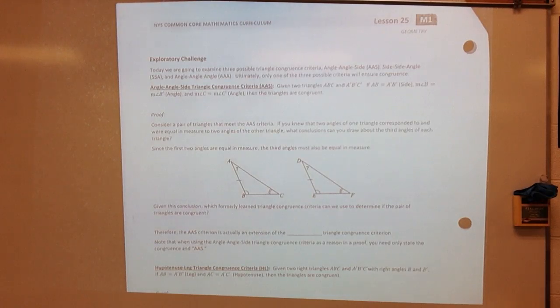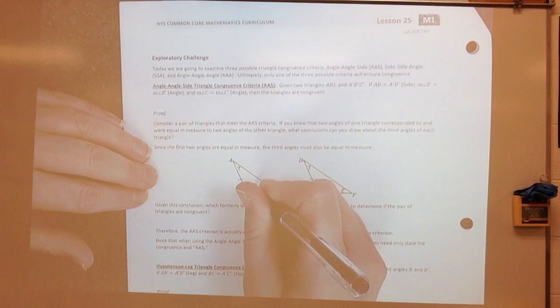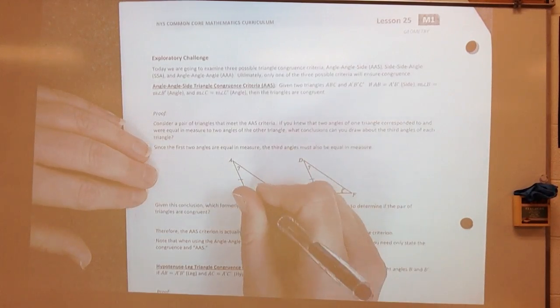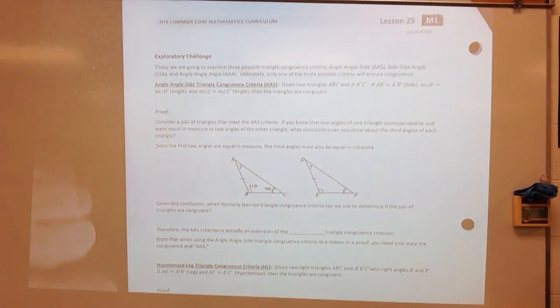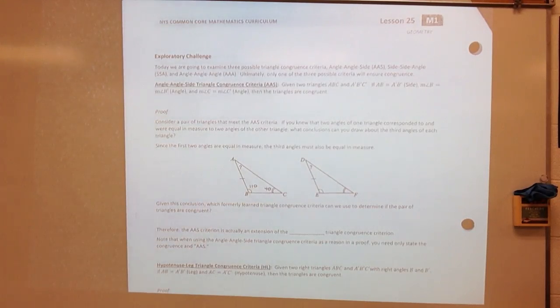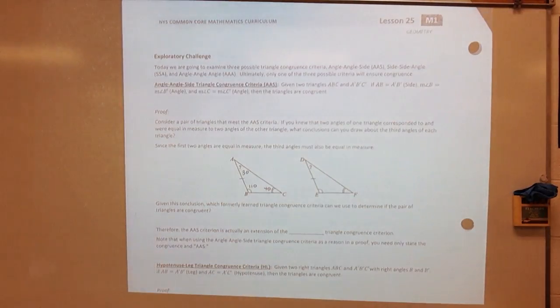So let's think about this for a second. We'll say that this is 40, and we'll say this is 110. So 110 and 40 is 150. So this has to equal 30.